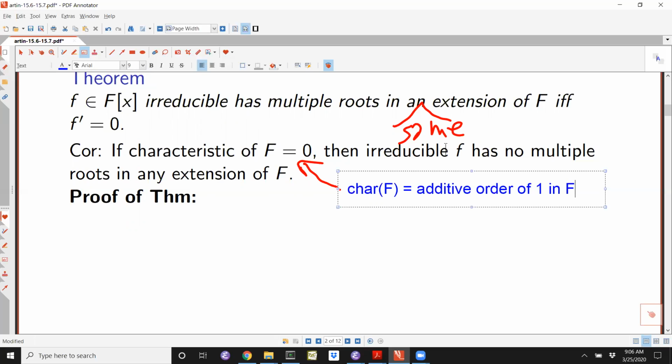So it's the number of times that you add 1 to itself to get 0, unless the order is equal to infinity, in which case we define the characteristic of F to be 0.